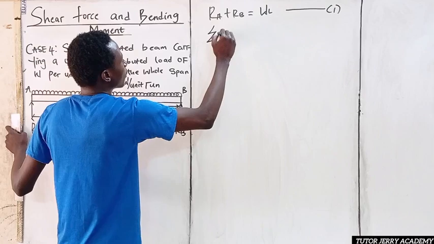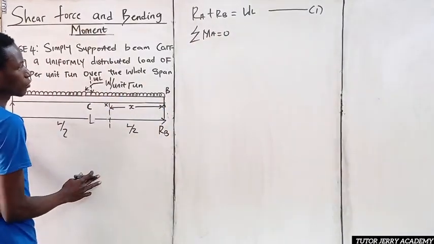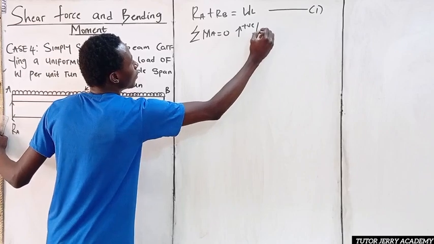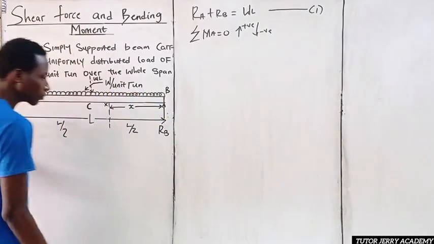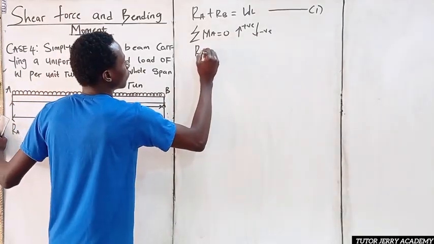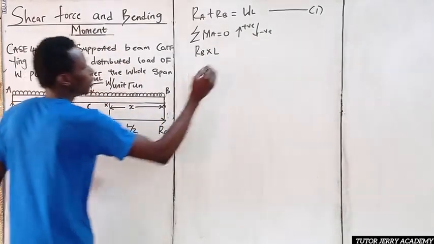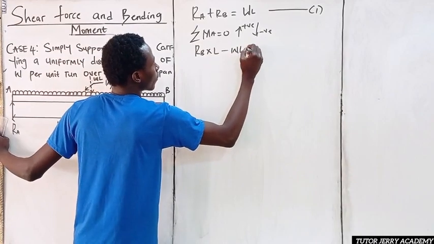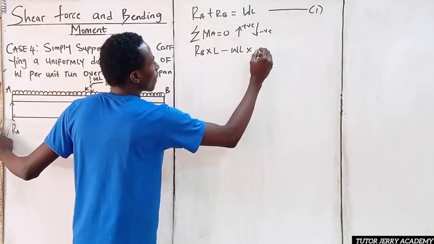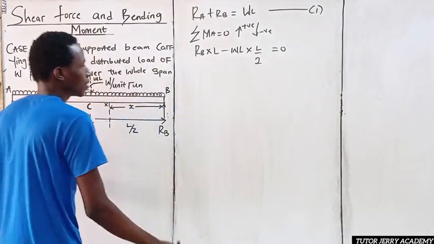So taking moment about point A equals 0. Let's consider upward force to be positive and downward force to be negative. So we have RB multiplied by L, minus WL multiplied by L over 2, equals 0.